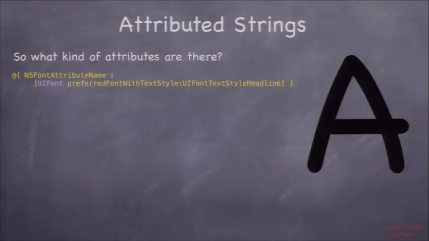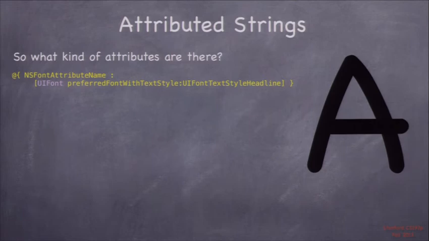Okay, so what kind of attributes are in those attributes dictionaries? One of the big ones is the font. This is a dictionary. The key for the font is NSFontAttributeName, and you can look up these keys by looking up NSAttributedString in the documentation.